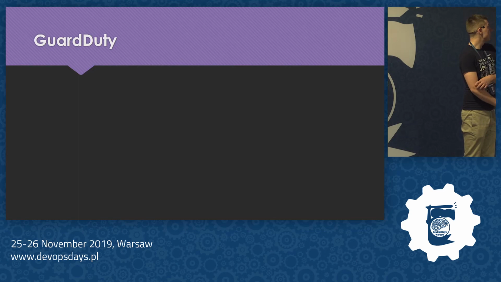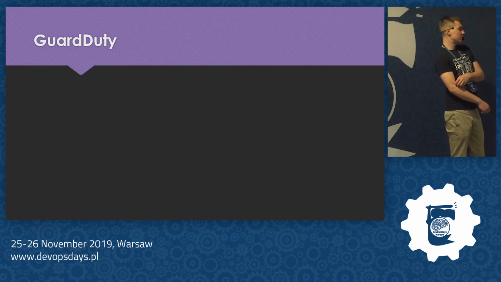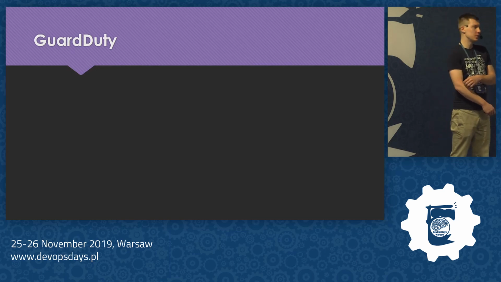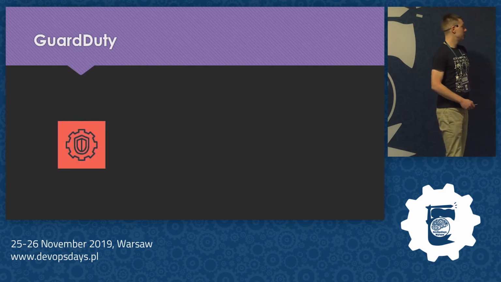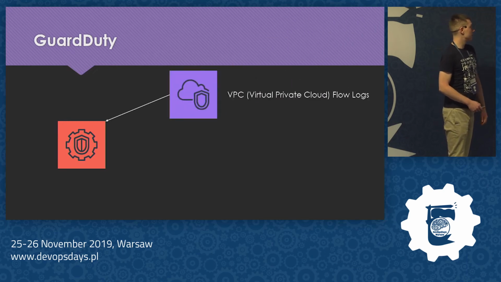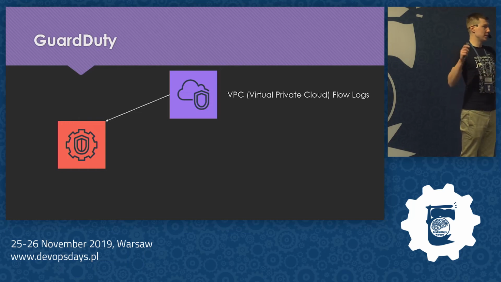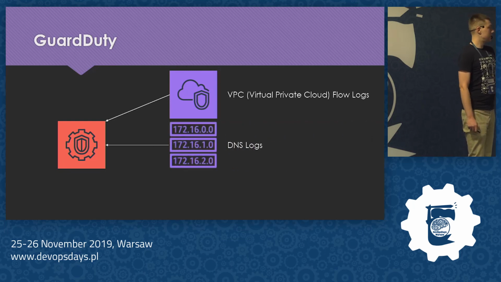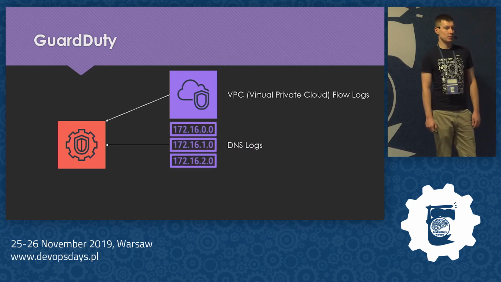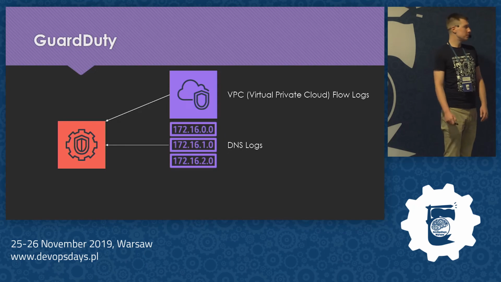And now the last service that I would like to introduce to you in this talk is GuardDuty. So GuardDuty is a service that is utilizing VPC flow logs, so all of the network traffic in your virtual private cloud in AWS. It also utilizes the DNS logs from the EC2 instances.